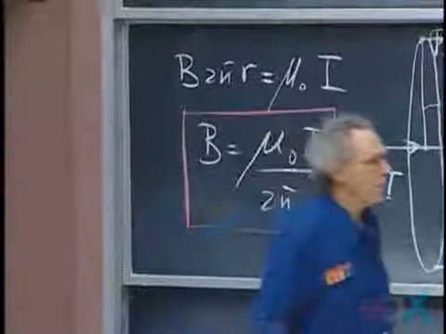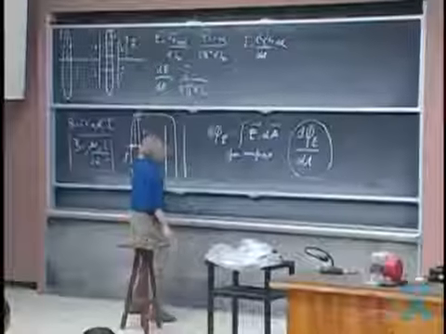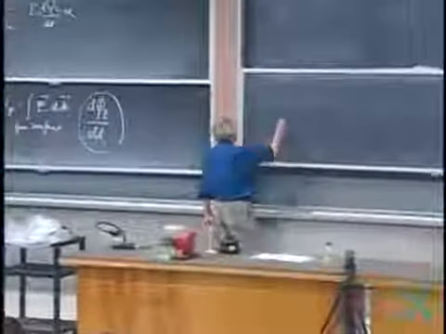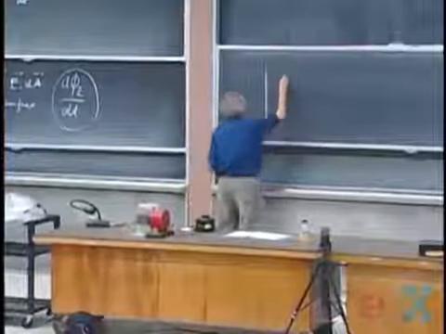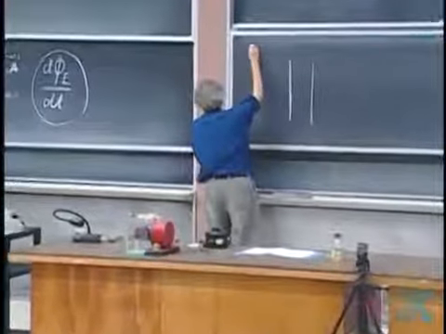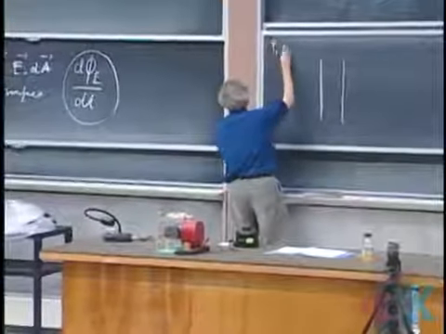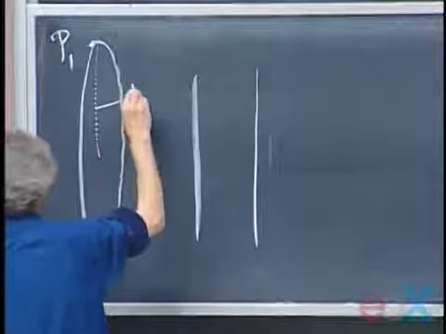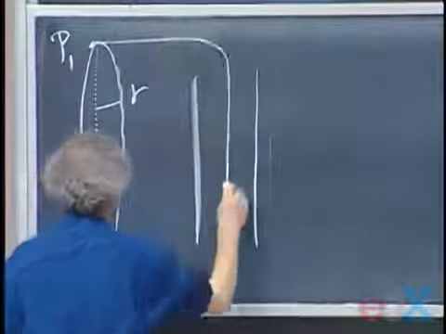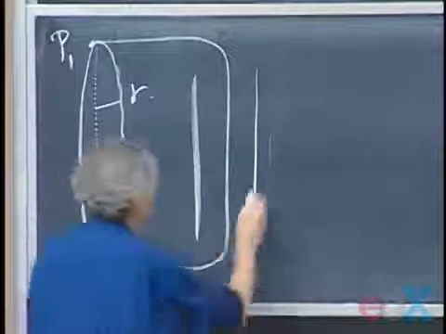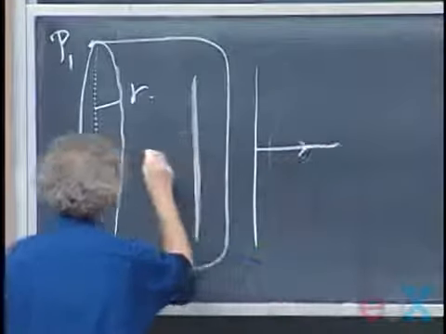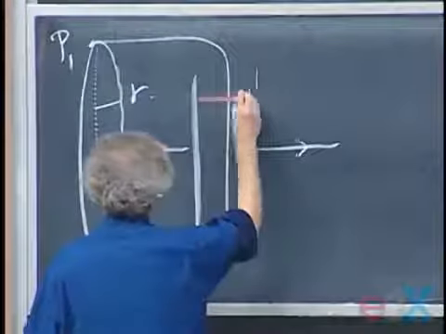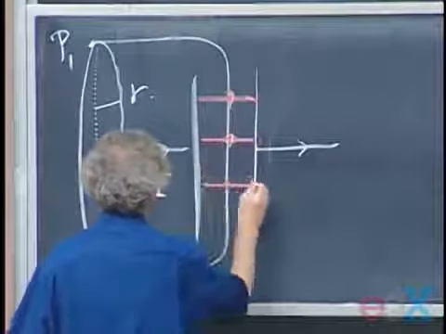But now I want to pursue this case. And so I make a new drawing. We have here this point, P1. This is my radius, little r. This is my surface going right through here. Here's the current, I, and here is my changing electric field.